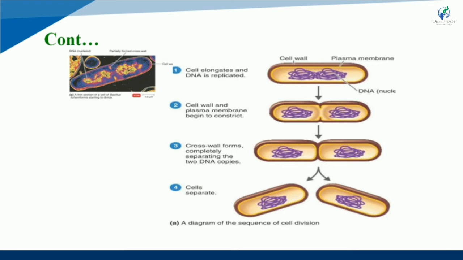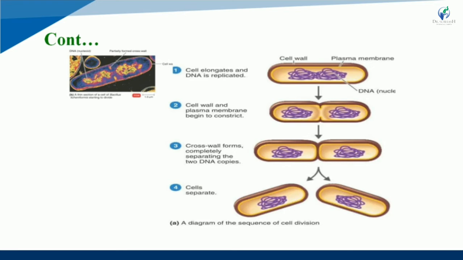So a cross wall is formed between the two DNA copies. And in the fourth step, cell separation occurs. That is the schematic diagram of cell division.